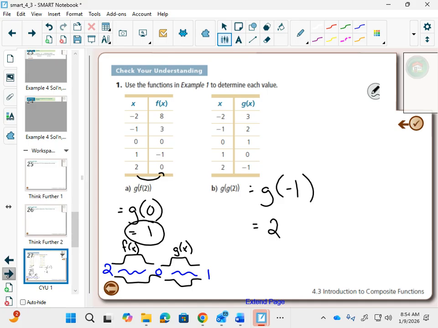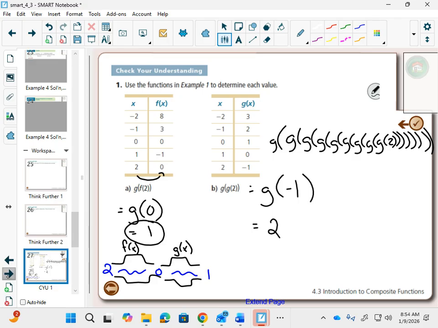What would g of g of g of 2 be? 2. And if I added another g of? Minus 1. It'd be minus 1.